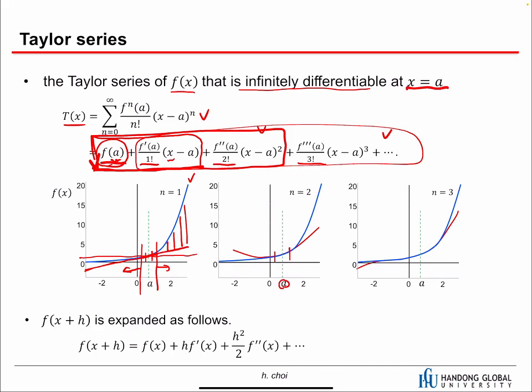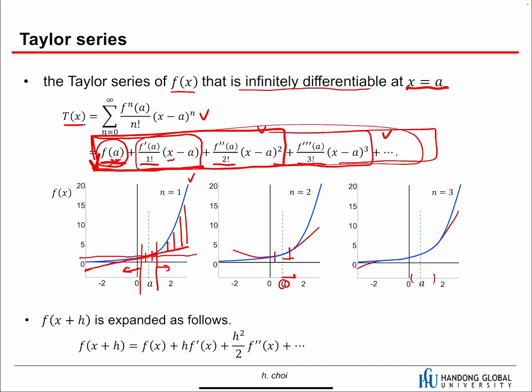If we move away from a, the error is still not that huge. So if we increase the number of terms, then this approximation will get more accurate, especially around this a.